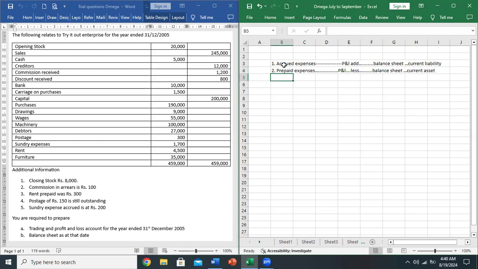Then we saw the third and fourth, which were income accrued as well, or accrued income, and prepaid income. For the income, we saw that in the profit and loss account, since it is prepaid, we less.